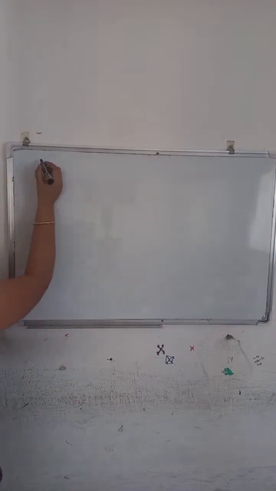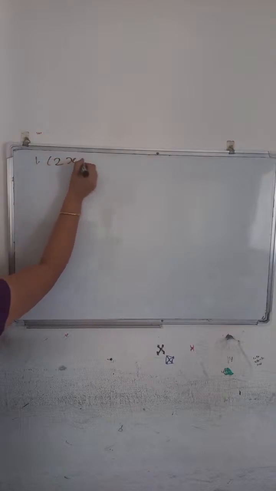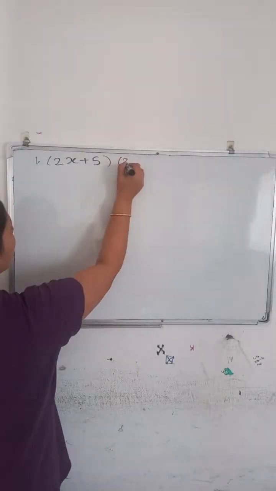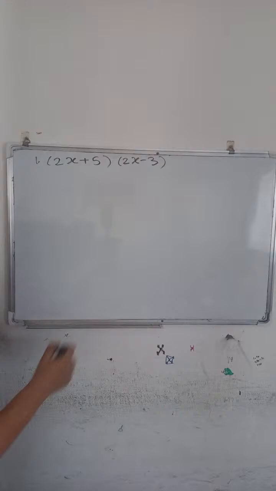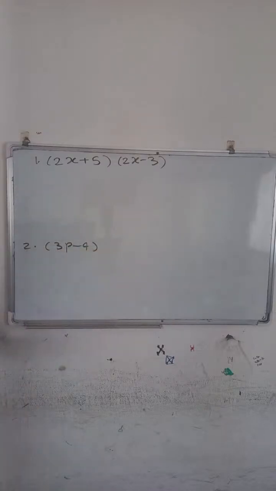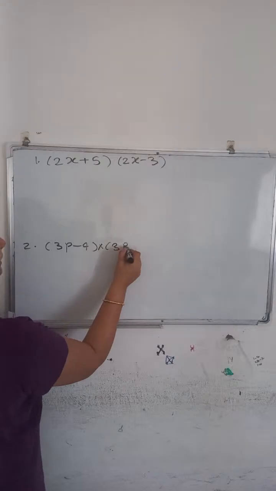So now the next question is: find the product by identity. Find the product by identity. First is given 2x plus 5 into 2x minus 3, and one more sub question is given, 3p minus 4 into 3p minus 4.